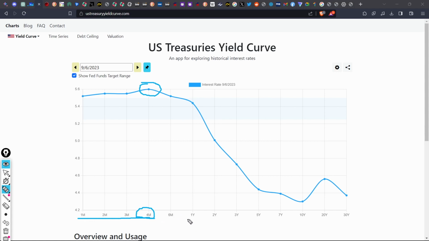And as you can see, the 1 year yield is not as high as these other ones, but it's still high. It's at 5.42, 5.43 there. So as you can see, this is an inverted yield curve. This means there is a lot of trouble.